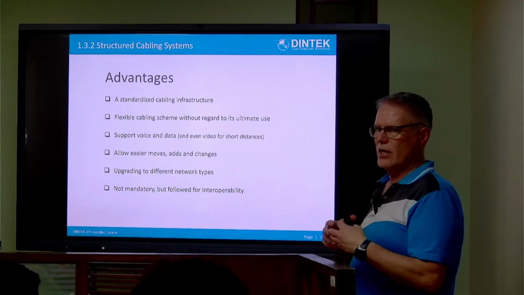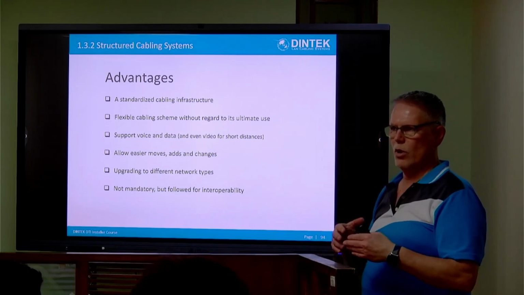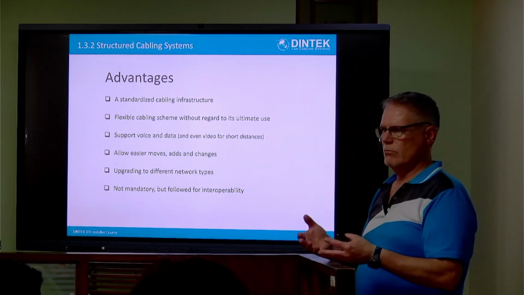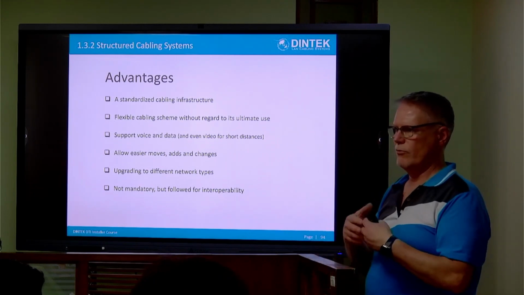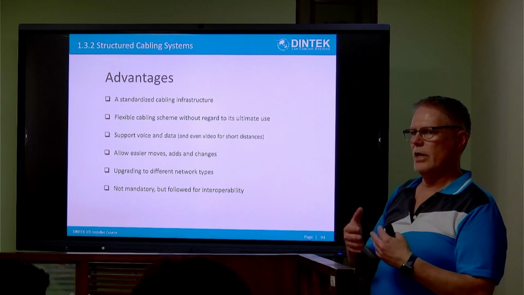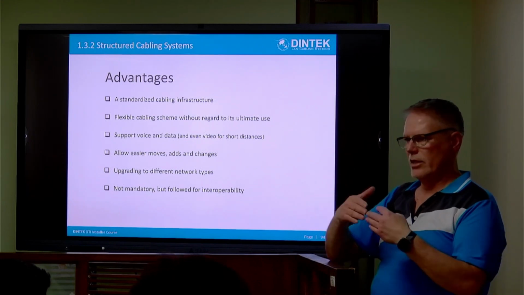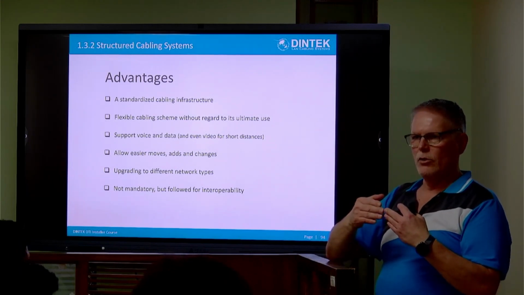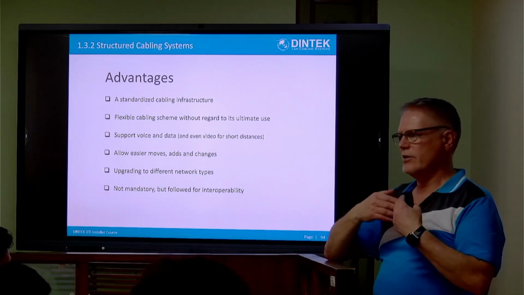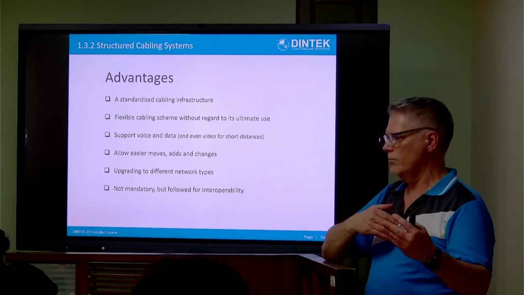So the standards aren't just there to allow for transmission of data and the performance of that data. They're there to allow latency in the system so that you leave enough space for a customer to put in more cabling in the future.